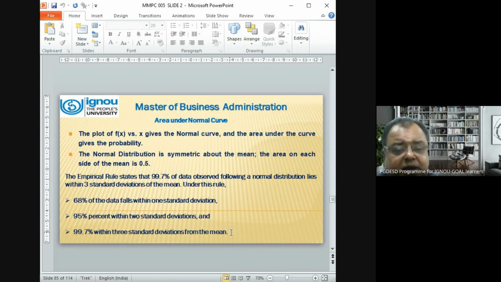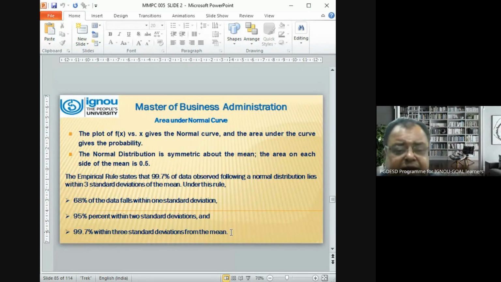Area under the normal curve. The plot of f(x) versus x gives the normal curve, and the area under the curve gives its probability. The normal distribution is symmetrical about the mean, and the area of each side is 0.5, 0.5 on the left, 0.5 on the right.